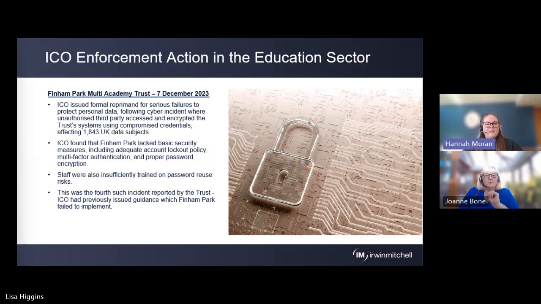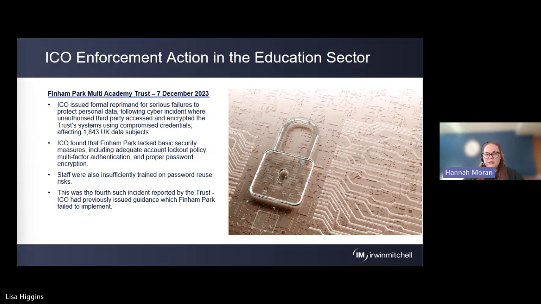Thank you. So in December 2023, the ICO issued a reprimand to Finham Park Multi-Academy Trust. This was because they had serious failures to protect personal data following a cyber incident.